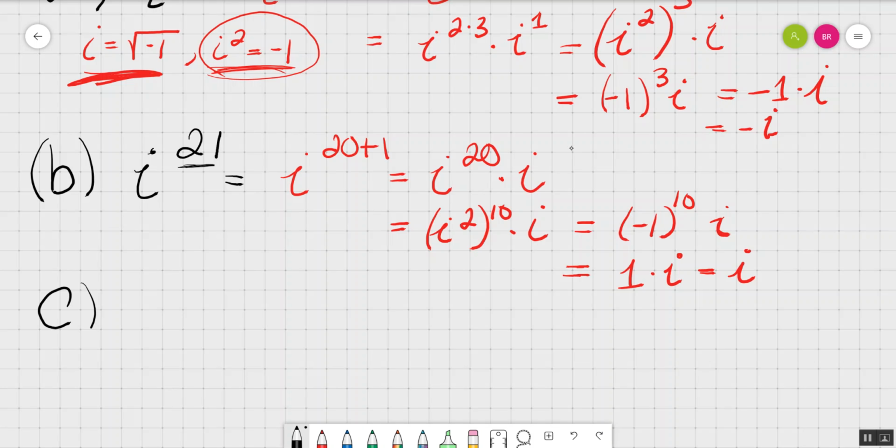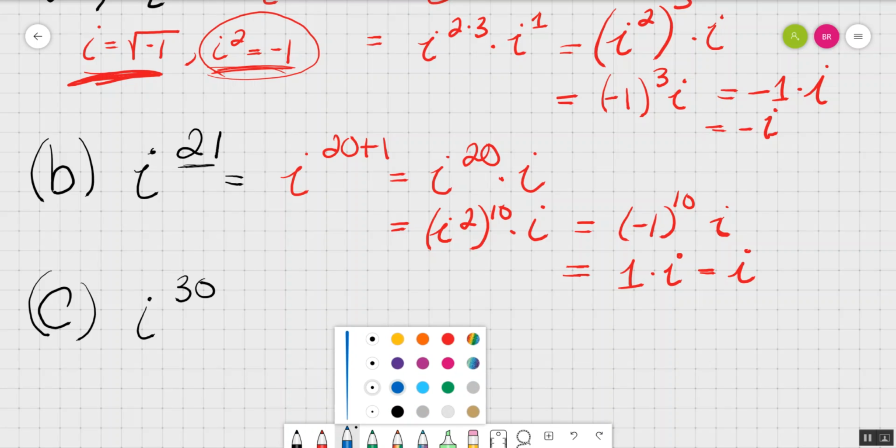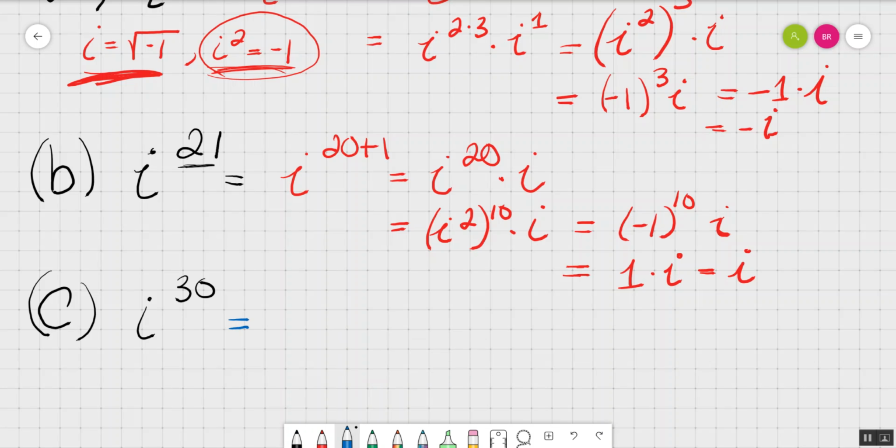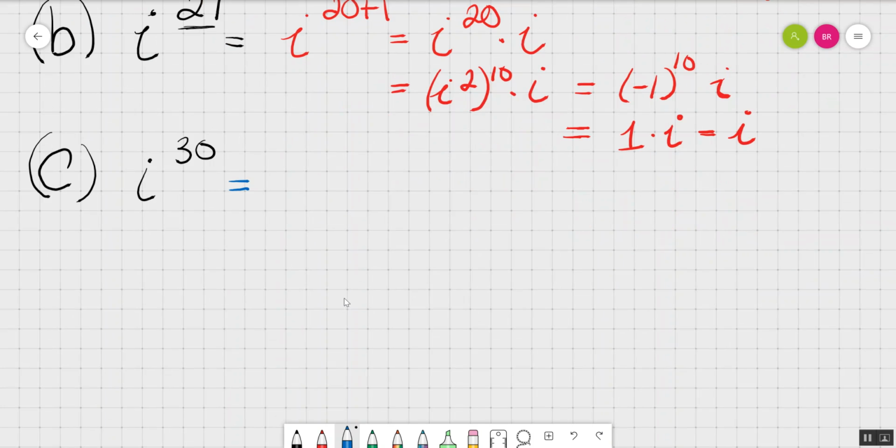Let's try one that's even. Let's do i to the 30th power for fun. There we go.